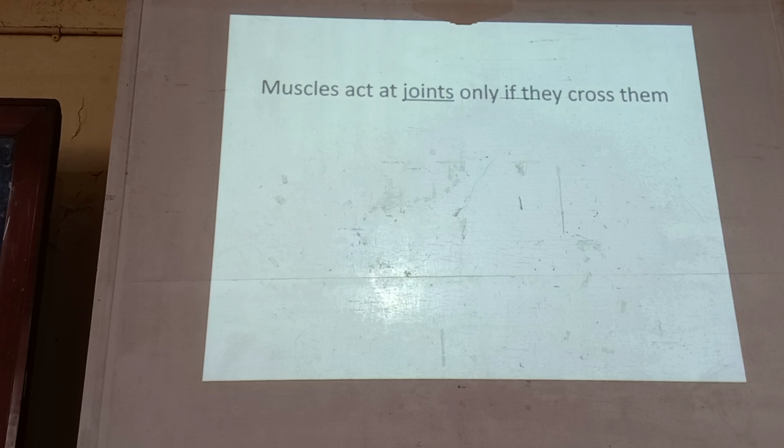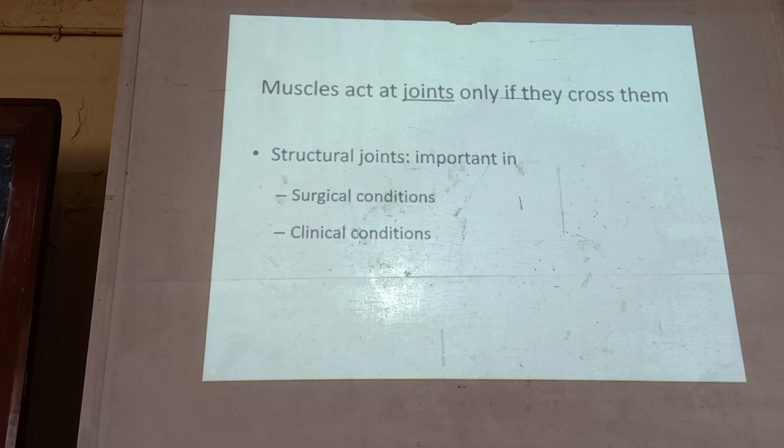Muscles act at joints only if they cross them. What is a joint? We thought we knew everything about joints because there was a whole lecture on joints. There is something called structural joints, which are important for surgical and clinical conditions.